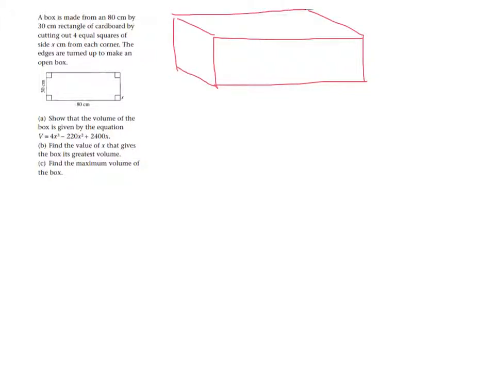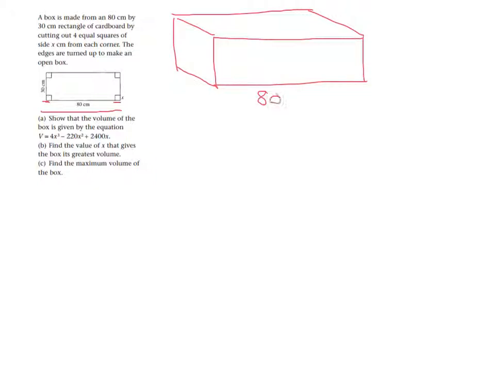Okay, I'm going to draw the box, actually construct it, because I find it easier to look at the volume from this perspective. Now, if we think about the length, the original question said that the piece of cardboard was 80 centimetres, but we cut out 2 bits of x to fold the box up.